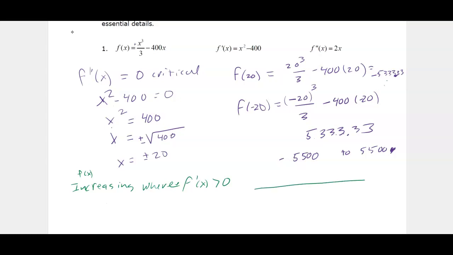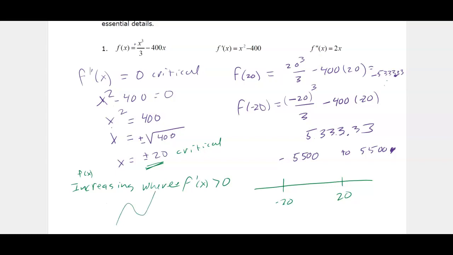So I make a sign chart, and I put my critical values. My critical values were the zeros of the first derivative, negative 20 and 20. I test some values, and I can recognize that this function has this general shape because it's a cubic.